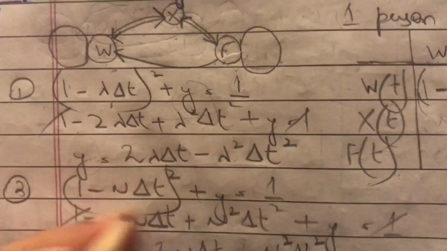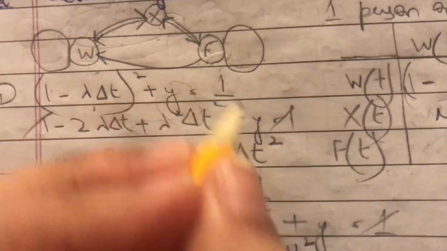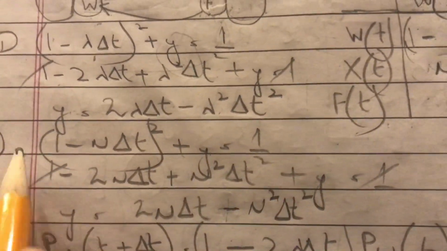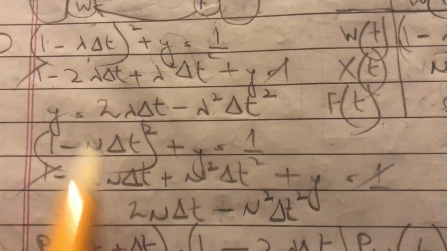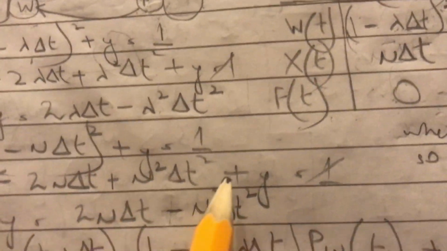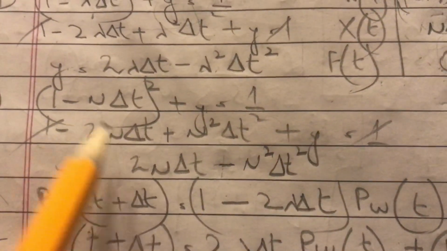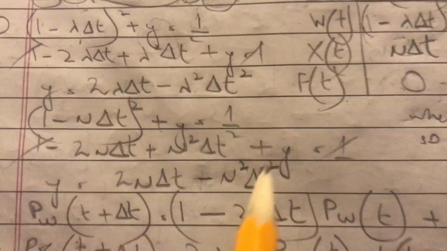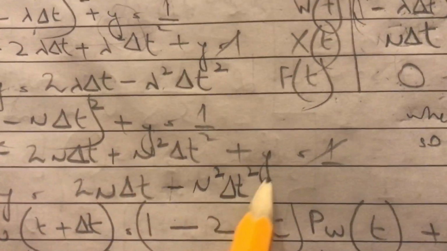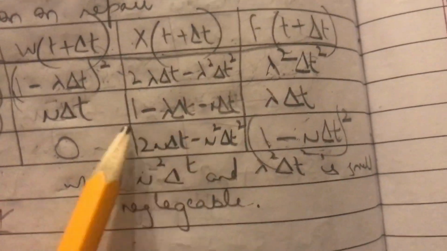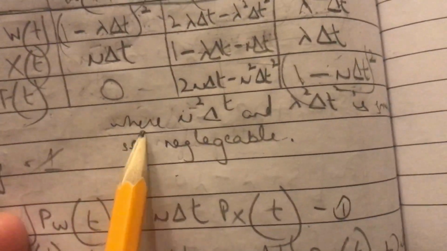Here we have 1 minus mu delta t whole square plus y, same, equals 1. We open the square of this term, and 1 goes away. What is the value for y? It comes as 2 mu delta t minus mu square delta t square. So this is the required value, and here it is. So what is written here?